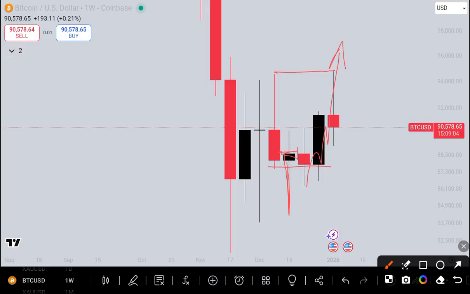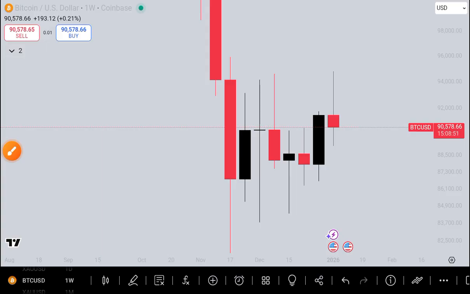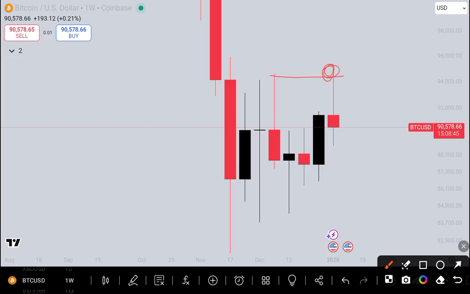We traded this, and I dropped an explanation of the trade setup that we took here. Now what did we notice? When price got to this high, price rejected. So this is going to form the basis of our analysis for this week.